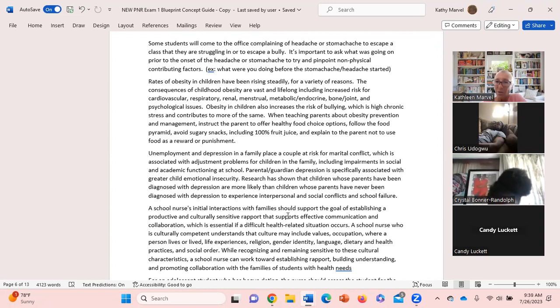So research has shown that children whose parents have been diagnosed with depression are more likely than children whose parents have never been diagnosed to experience interpersonal and social conflicts and potentially school failure. That's just a fact.